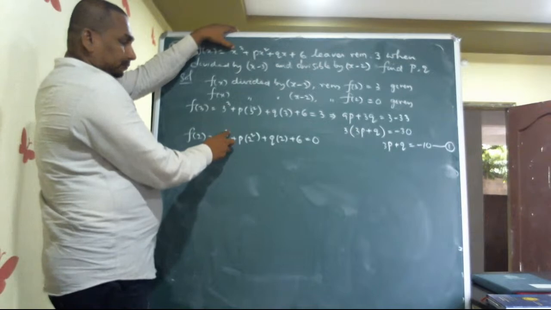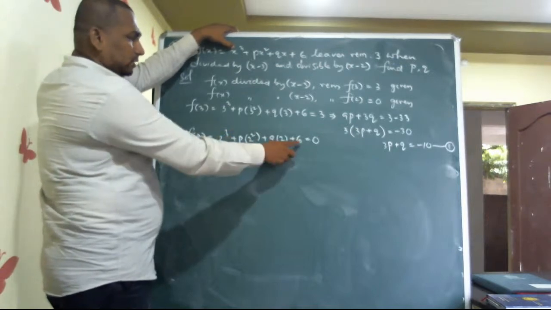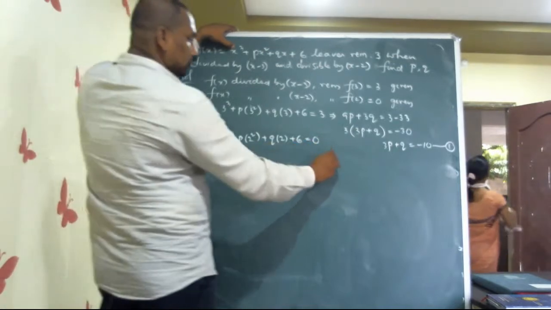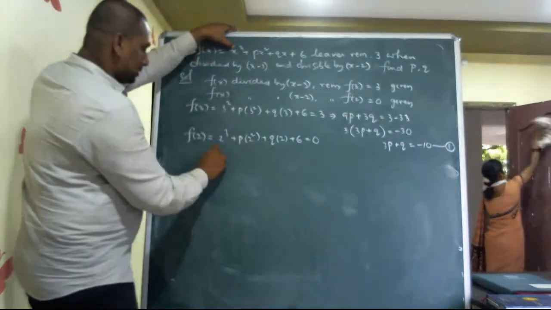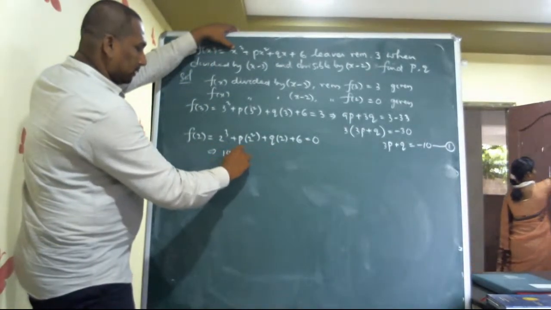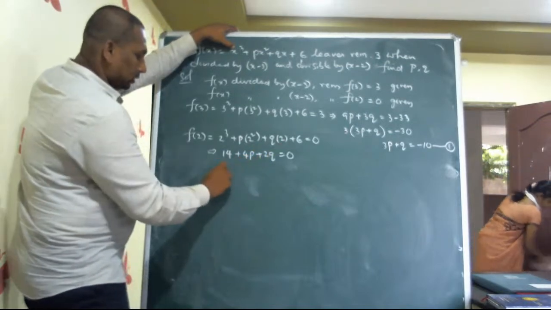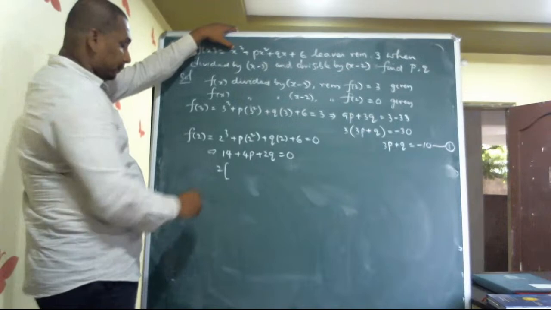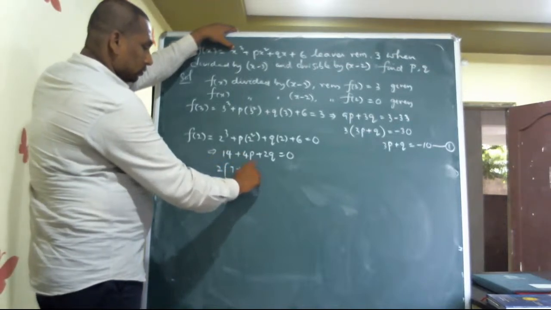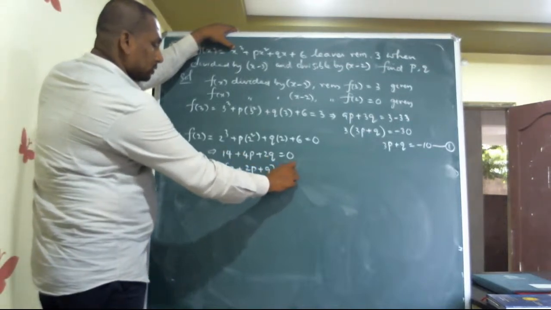So 8 plus 6 is 14. So that implies 14 plus 4p plus 2q is equal to 0. 2 as common, 2 sevens, 2p plus q plus 7 equal to 0.